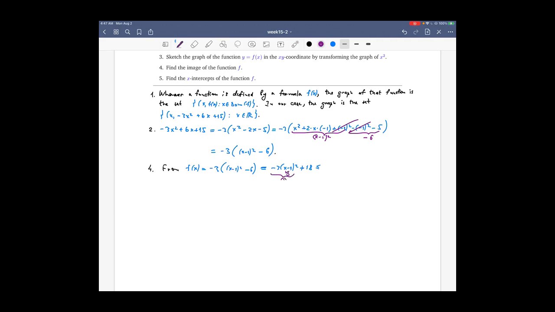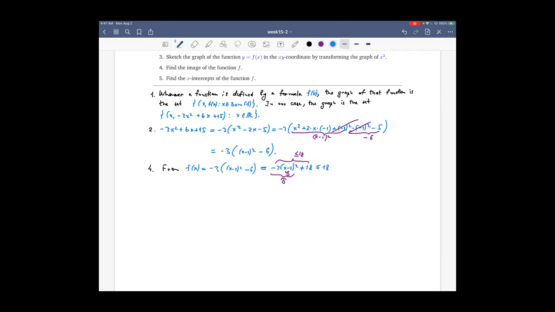Negative 3 times that is always non-positive. And so the whole thing is at most 18, because we're subtracting from 18 something which is non-negative.